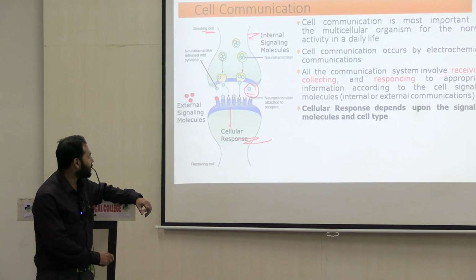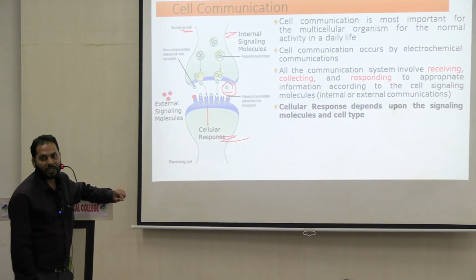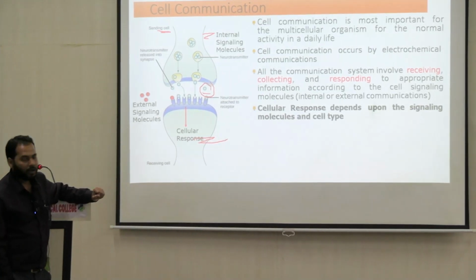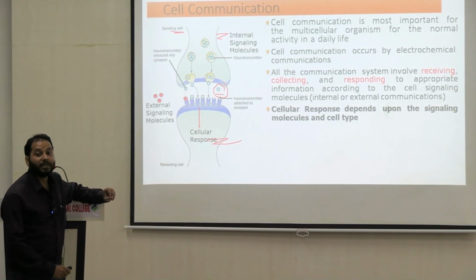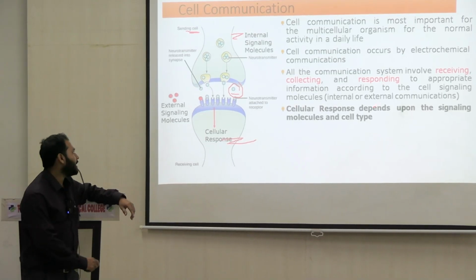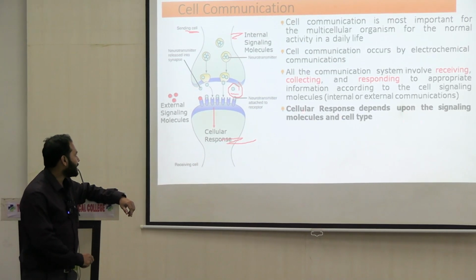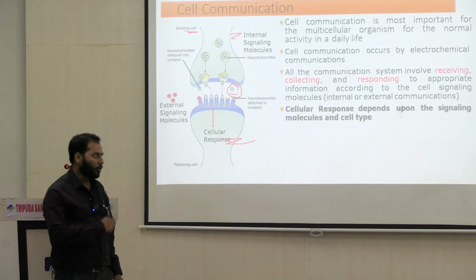So these three are the most important events for any type of cell communication in a multicellular organism: receiving the signal, then collecting, and finally responding. Cellular response depends upon the signaling molecules and cell types, as I have already mentioned.